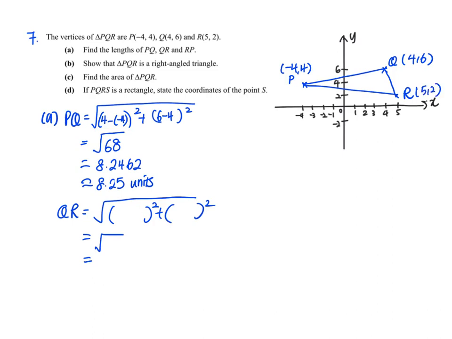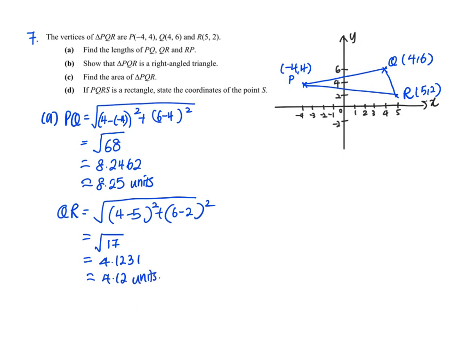So y2 minus y1, x2 minus x1. So that will give me square root of 17, which is 4.1231, and then 4.12 units.